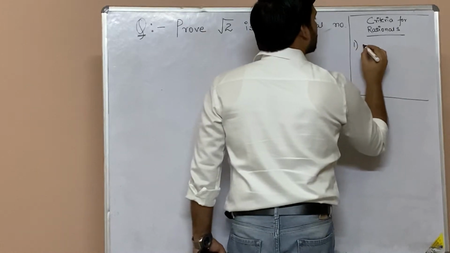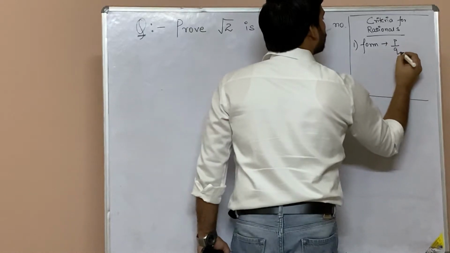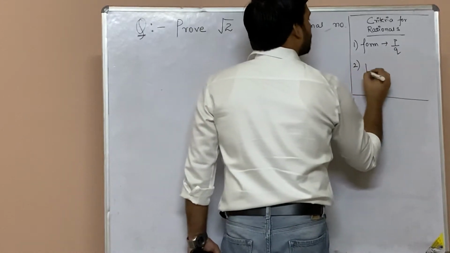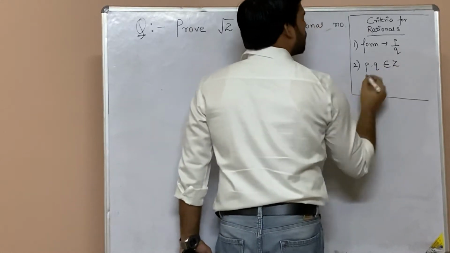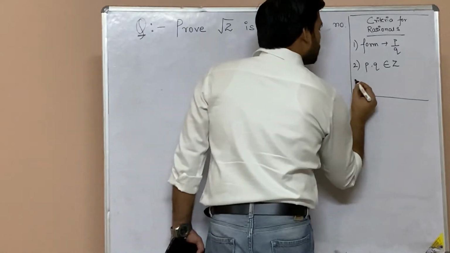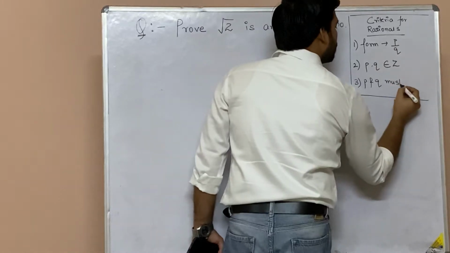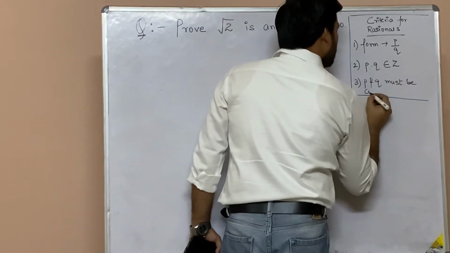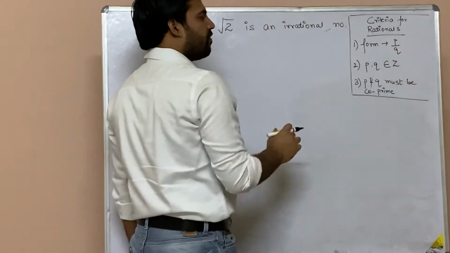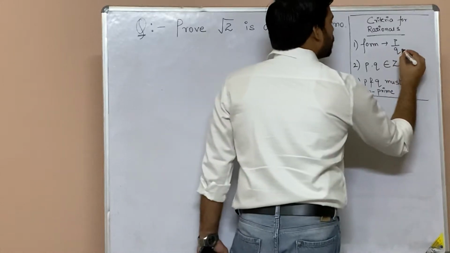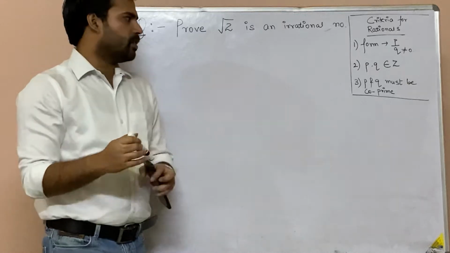First criteria, the form must be P upon Q. Second, P and Q both must belong to integers. Third one, P and Q must be co-prime. And obviously this Q should not be equal to 0. So these are the criteria for rational numbers.